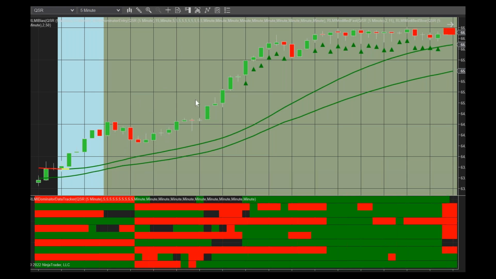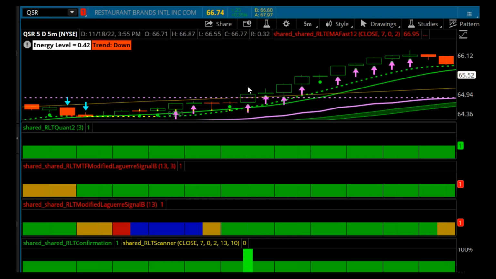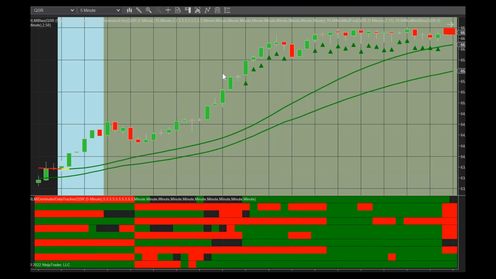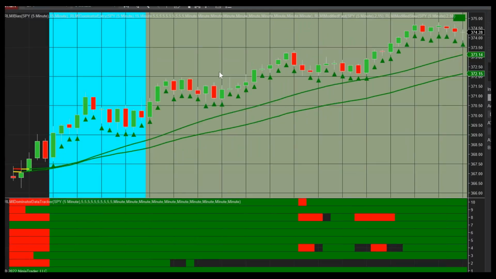In this particular case, the fact that I have a multi-time frame bullish setup, and I've got compression right here, I can buy it right here, which is what I did on the Compass system, because the Compass system was telling me to go for it, because the institutions were in there. But if you're more conservative, you can wait until you get a buy signal on the Dominator system. So that's how we find the trade on QSR. There's the daily, the 5-minute, and the Dominator, and that's how I found that one.